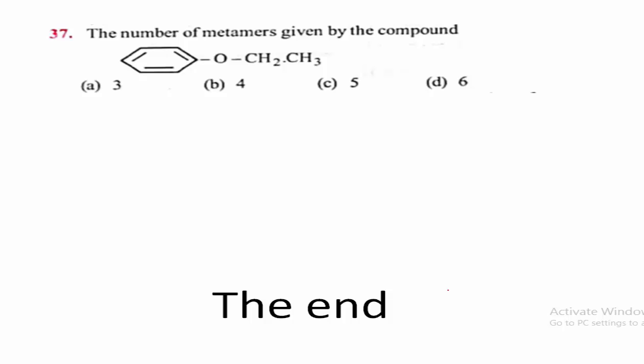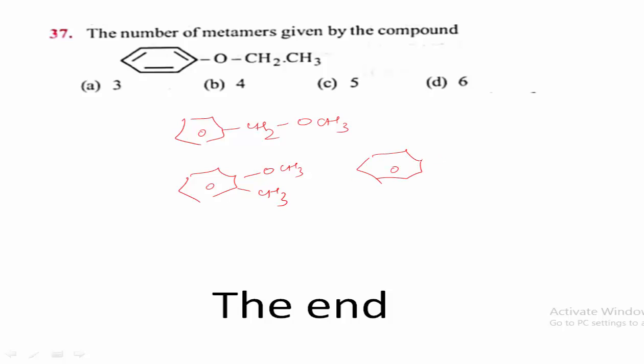Okay, students, I write some metamer structures here, containing same molecular formula. CH2OCH3 is one structure. And if you try this, you write another structure like this. This is OCH3 and this one is CH3.